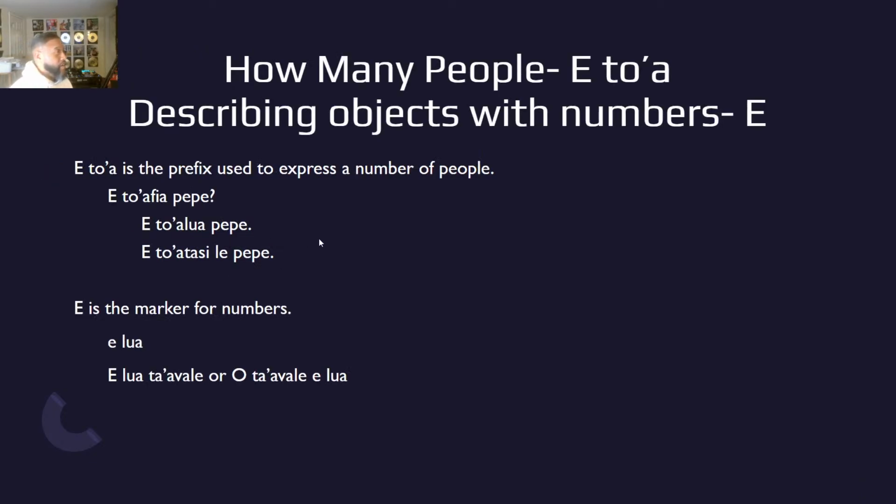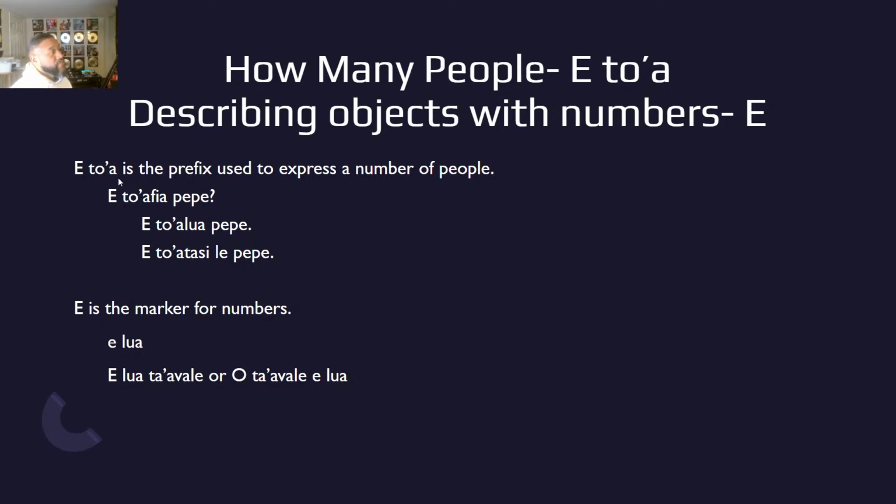So now when we're talking about people in Samoan, and that's why Samoan is a very contextual language. This is another thing that we don't do in English. Whenever you're talking about people, the Samoan language distinguishes people with "e toa." So we still have our tense marker there, and then we have "toa," right?